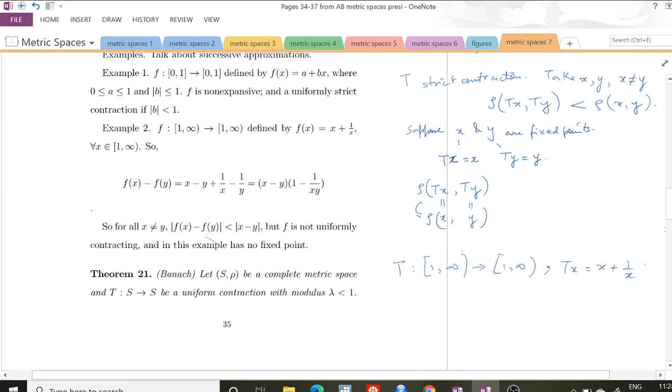What is the distance between Tx and Ty? That's x plus 1 by x minus y minus 1 by y.